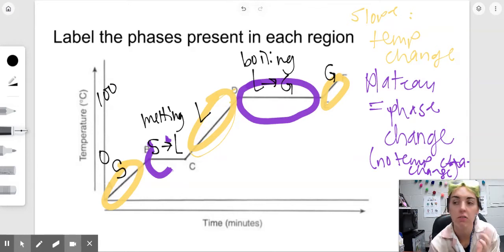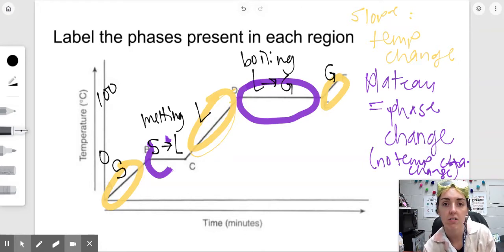Let's say it starts like, I don't know, negative 10 degrees Celsius. It gets to 0 degrees Celsius, then it can melt. It is not going to heat up again until all the ice is melted. And when all the ice is melted, all that energy goes into melting it, then the temperature is going to rise again. It's a liquid, and then that liquid temperature is going to rise until it gets to 100 degrees Celsius, and then it's all going to boil.